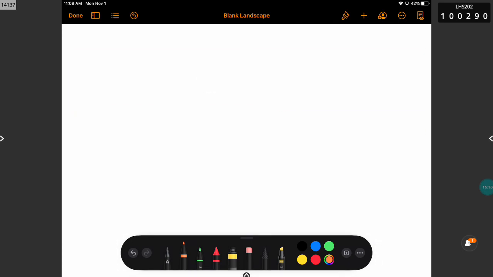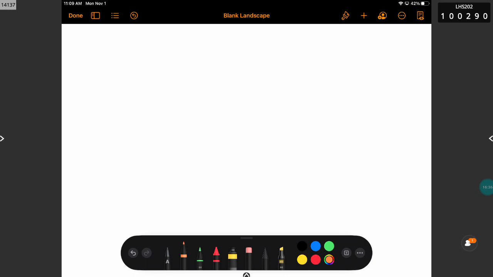I want you to turn your loose leaf landscape, which means sideways. That is called landscape. Hot dog and hamburger.